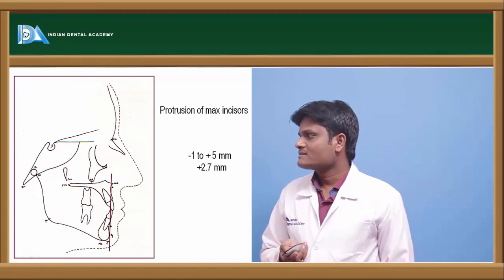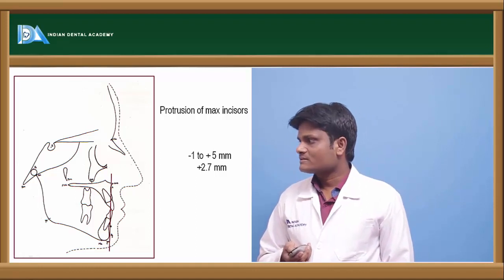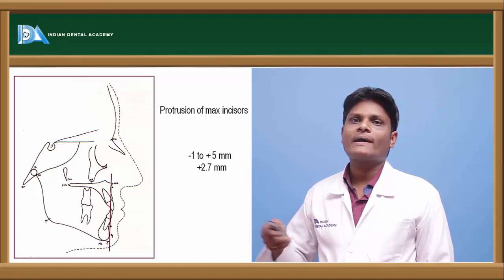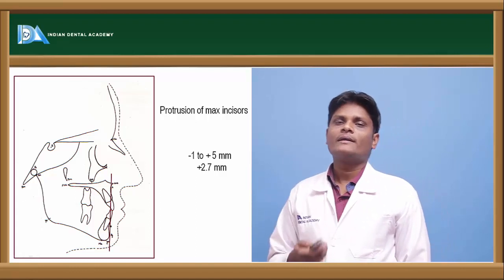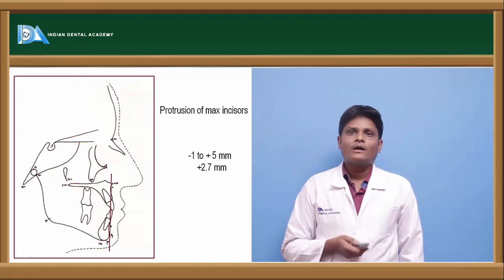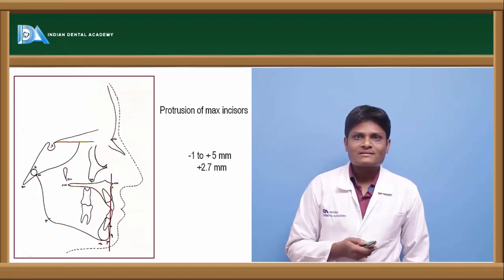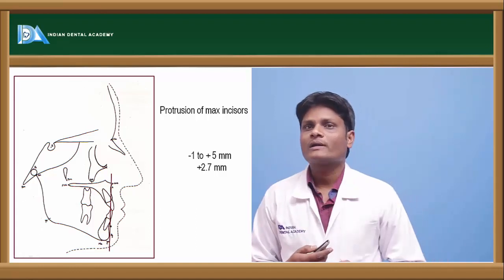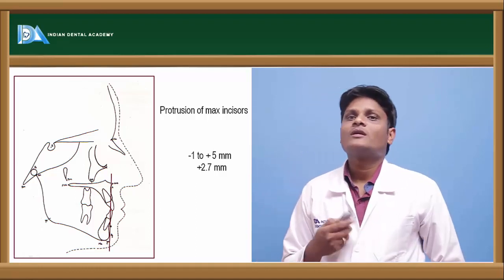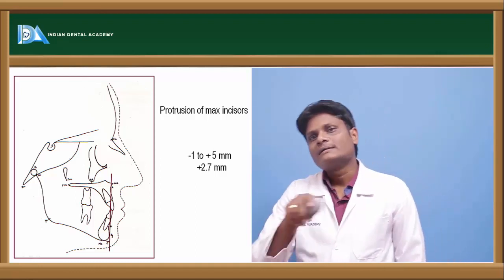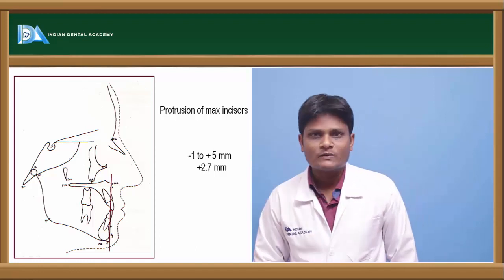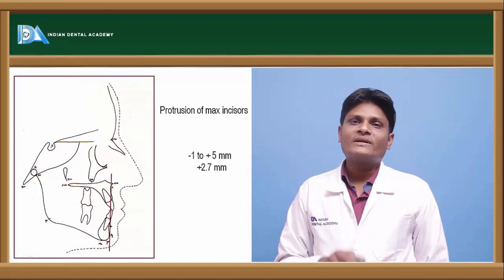The upper incisor or lower incisor should be approximately 2.7 mm ahead of the APOG line in a normal individual. If the upper or lower incisors are more than 2.7 mm ahead of the APOG line, then they are said to be protrusive. So these are the important dental and skeletal parameters according to Downs analysis, which is a very basic analysis that was initially proposed.